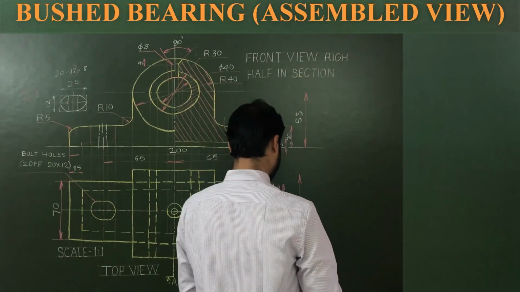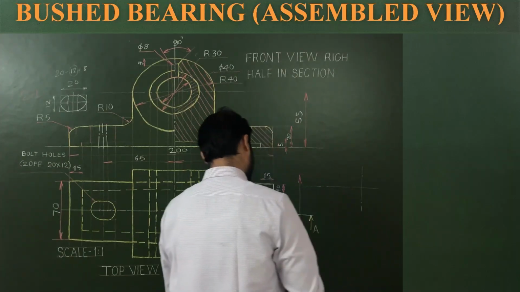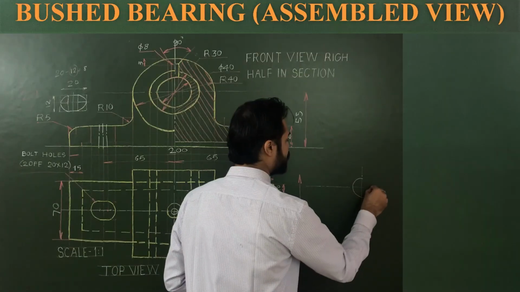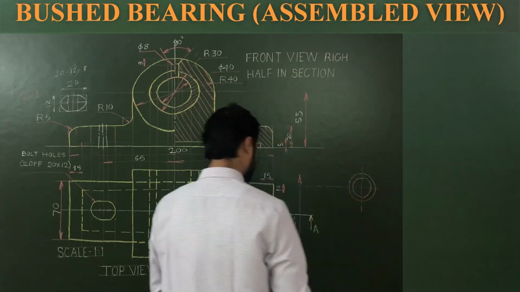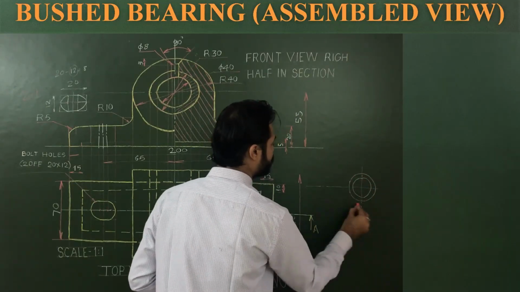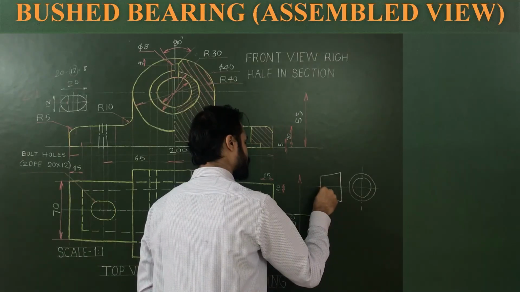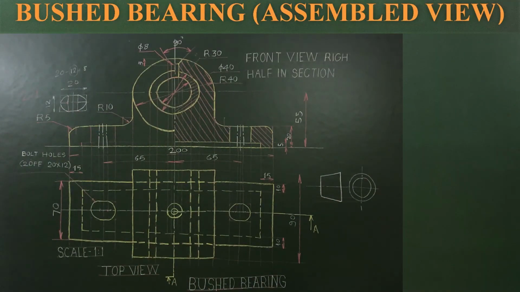So draw two concentric circles of diameter 10 and 20, or any diameter you can use. So it's a frustum of a cone.